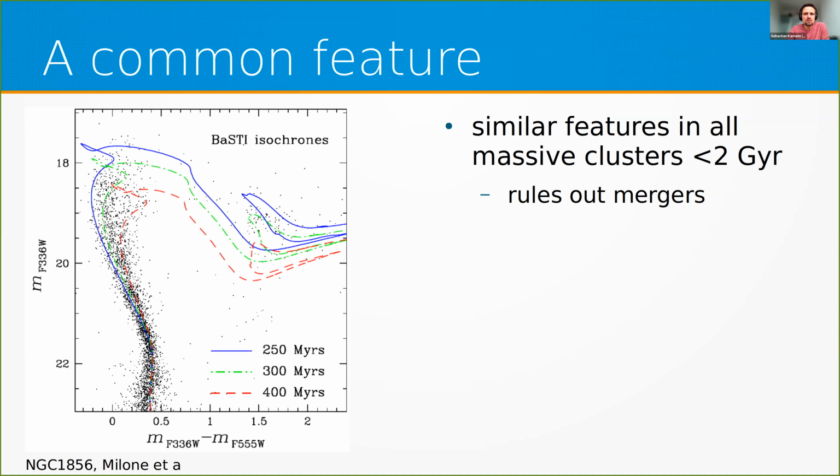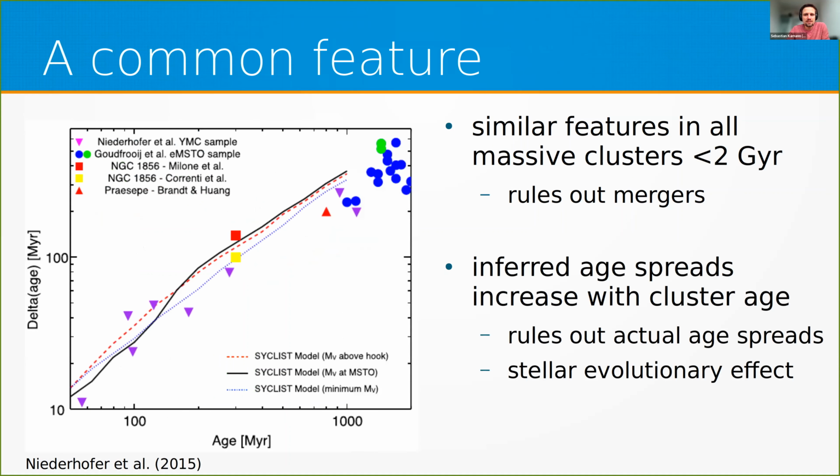So this obviously rules out mergers, because it doesn't seem right that every cluster is a merger. And also what people found when doing statistics over these clusters, like in this study from Niederhofer et al. 2015, is that the age spreads that were inferred from fitting isochrones to the data increased with cluster age.